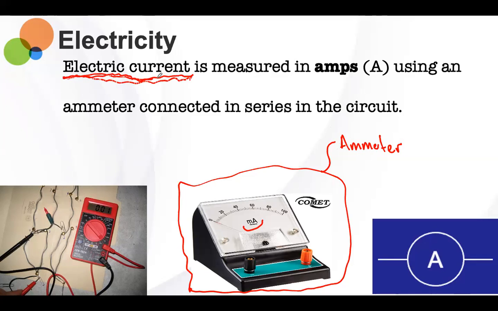Right, electric current, right? Yeah, so the ammeter is essentially used to measure electric current, and it is measured in amps, right? Or in this case, voltage. All right, so that's another problem right there, because you have a difference.